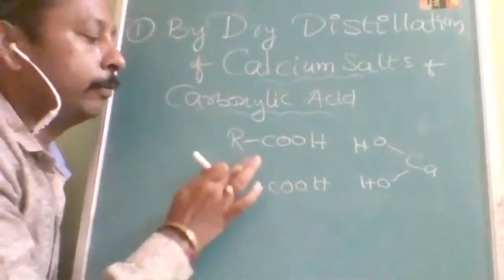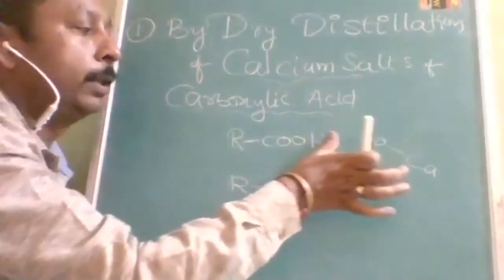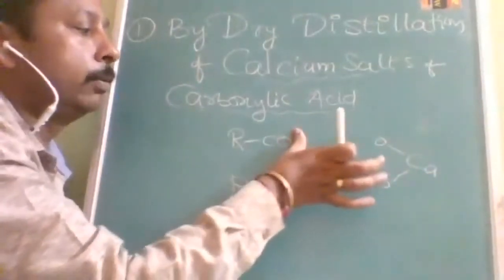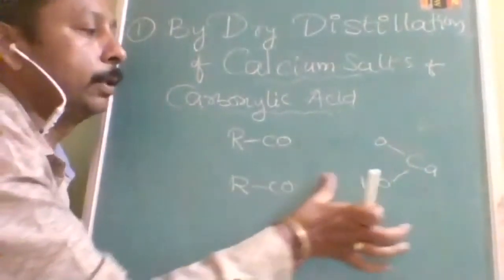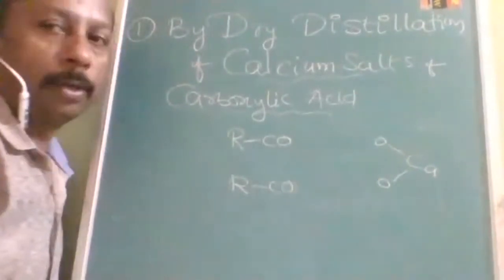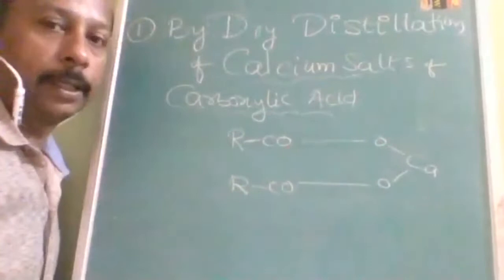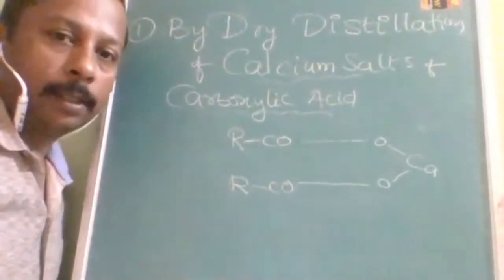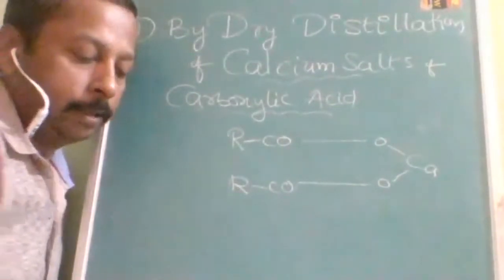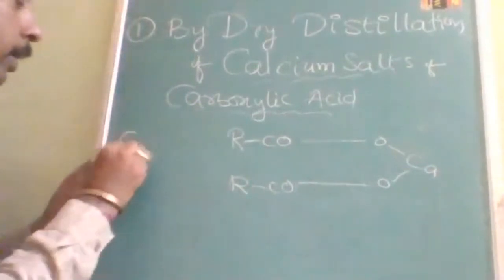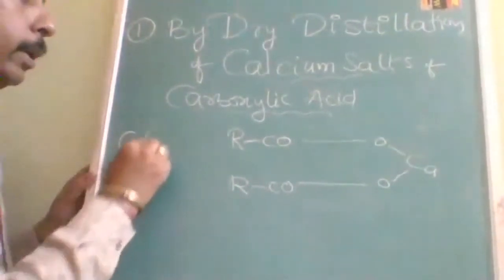So when they form the salt, this will be the general formula, H and OH. This is going to be the salt formation, the calcium salt of carboxylic acid.